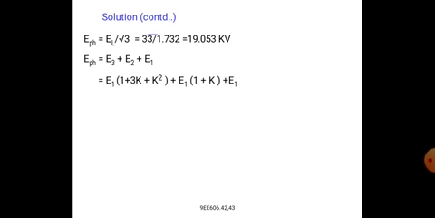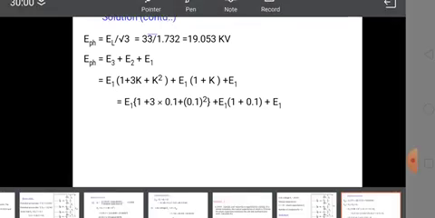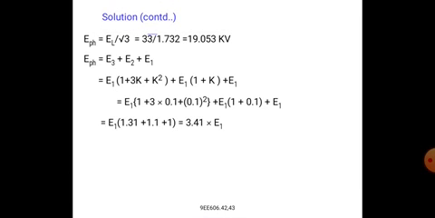So E phase is nothing but 19.053. We have to find the value of E1. So E1 into 1, plus E1 into 3K, plus E1 into K square. Substitute the value of K, so that is E1 into 3.41.